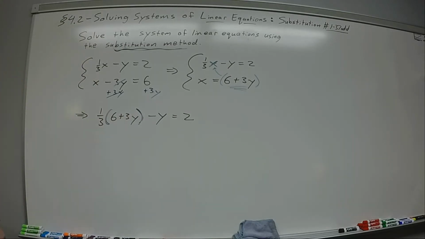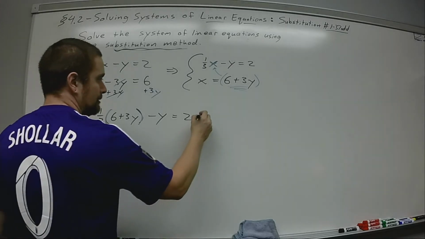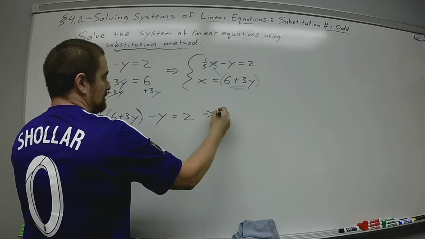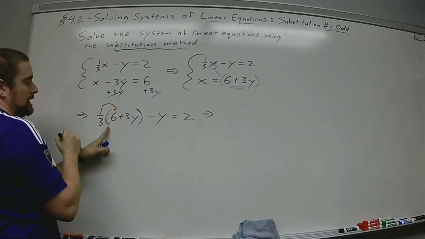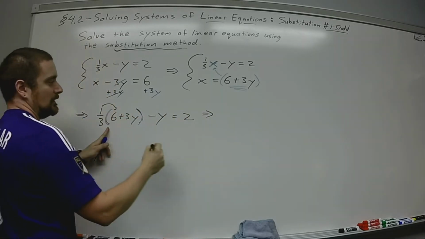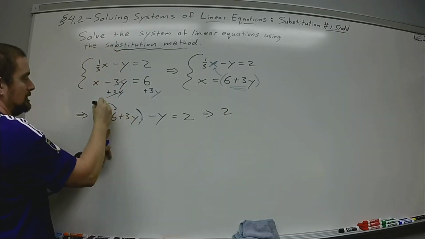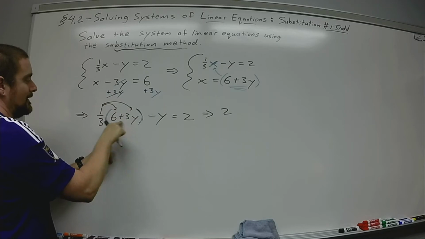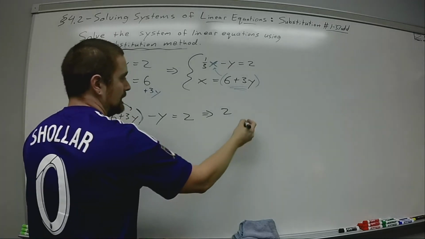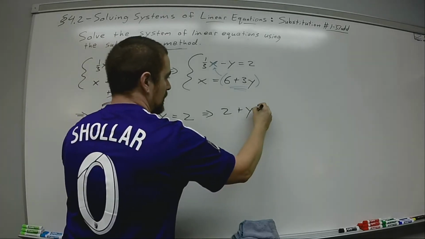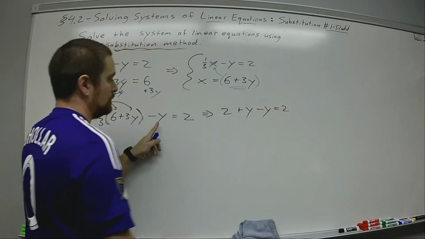Now I have an equation that only has y. Let's solve for y. I'll have to multiply 1/3 times 6. Well, 6 divided by 3 is just 2. And 1/3 times a positive 3y, well, times 3 and dividing by 3 just cancel out, so I get my y. And then I subtract y, and I set it equal to 2.